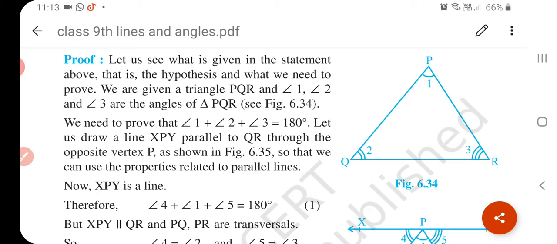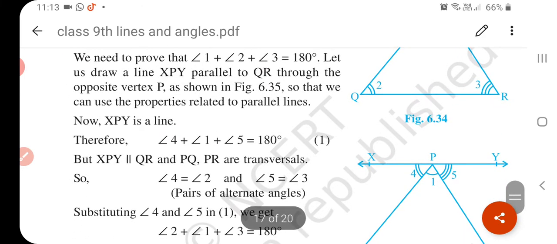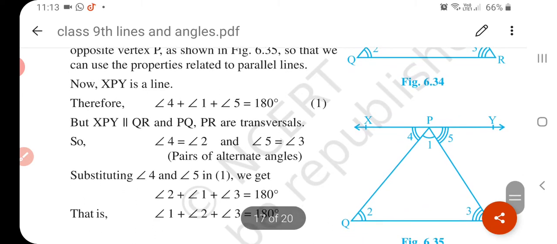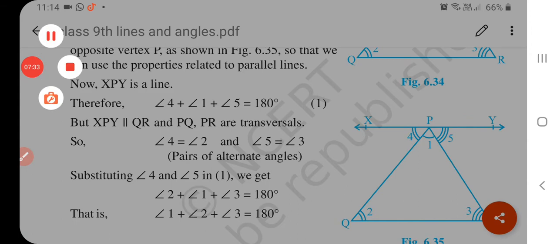Let us draw a line XPY parallel to QR through the opposite vertex P as shown in figure 6.35, so that we can use the properties related to parallel lines. Now see this figure carefully.